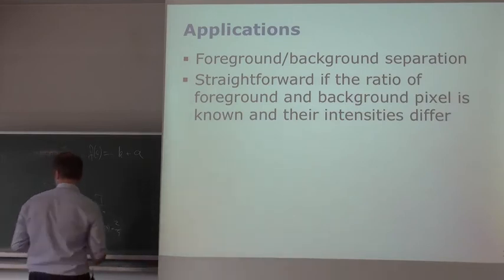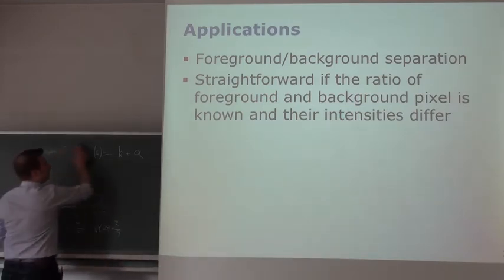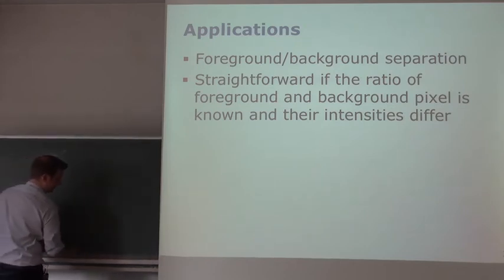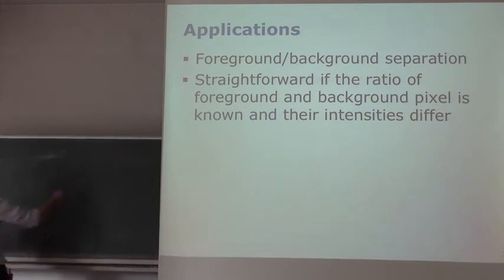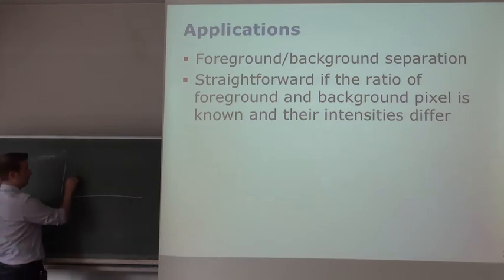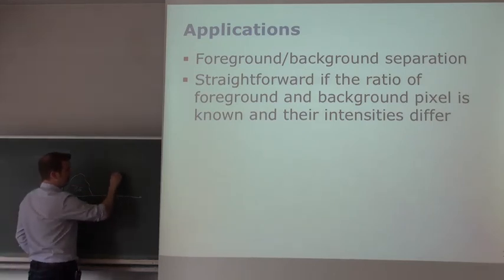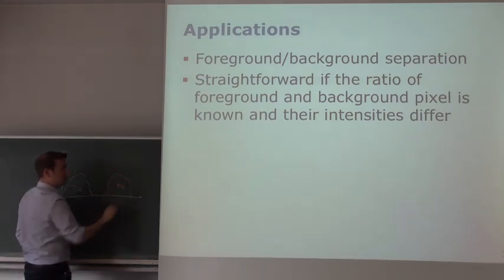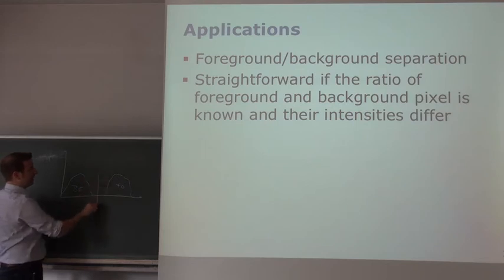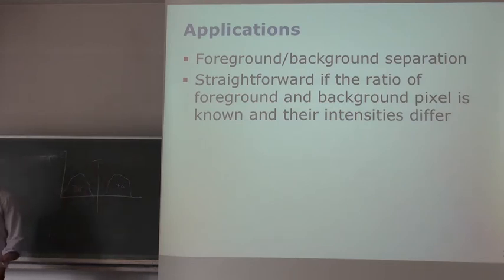So if I have a small example, say I have a histogram, and this is one part, this is the background, and I have here the foreground, and I know about these distributions. That's very easy. I can just select, okay, my T sits somewhere over here, and I'm done. Foreground, background separation.